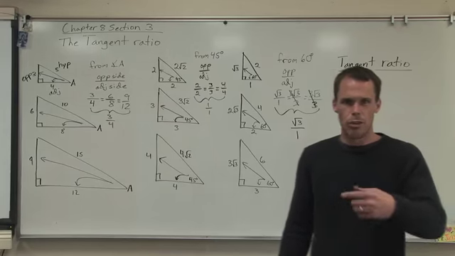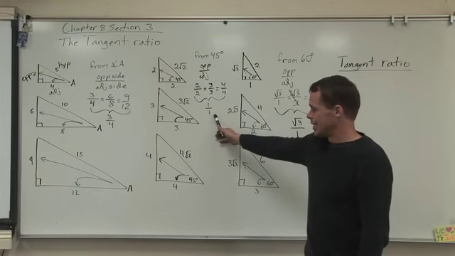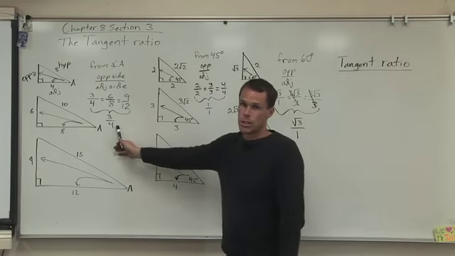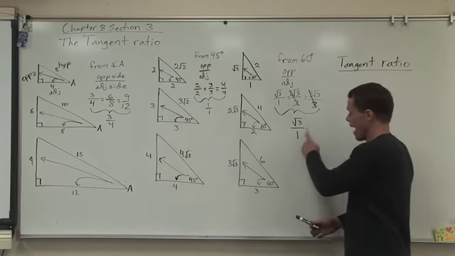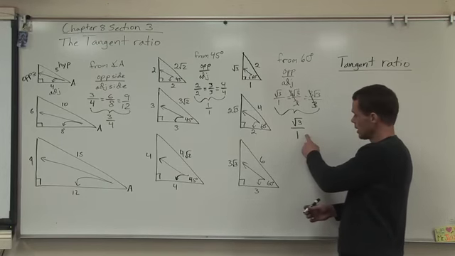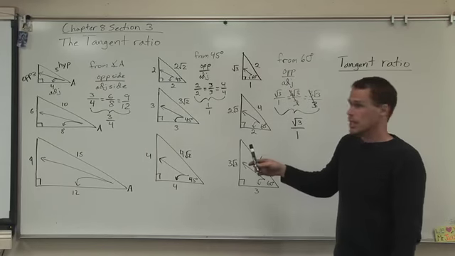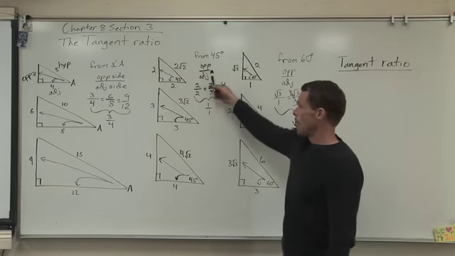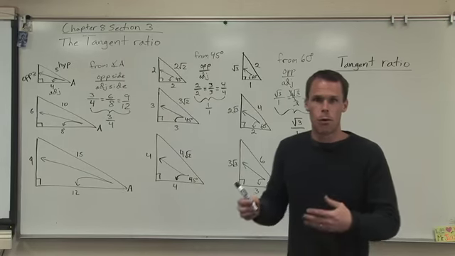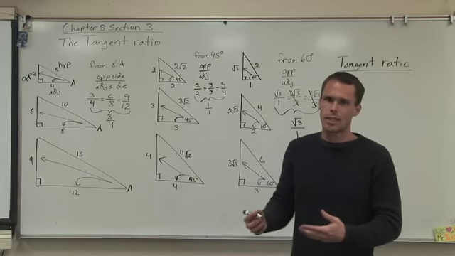Well, radical 3 over 1 is not 1, and it's not 3/4. So, radical 3 over 1 is the opposite to adjacent ratio for 60 degrees. 1 is the opposite adjacent ratio for 45 degrees. We're on to something here.